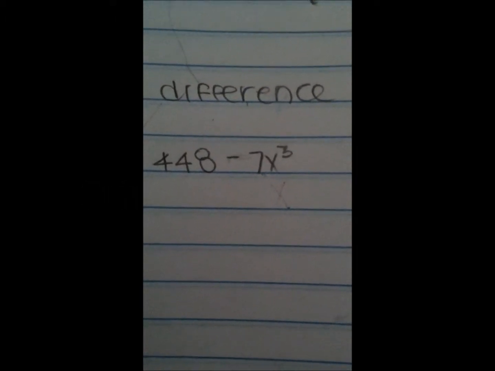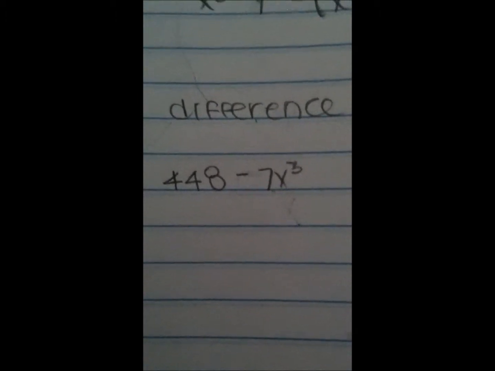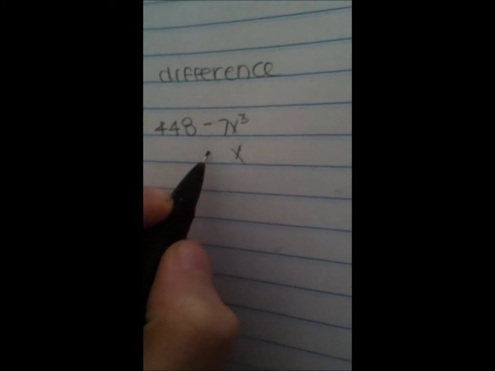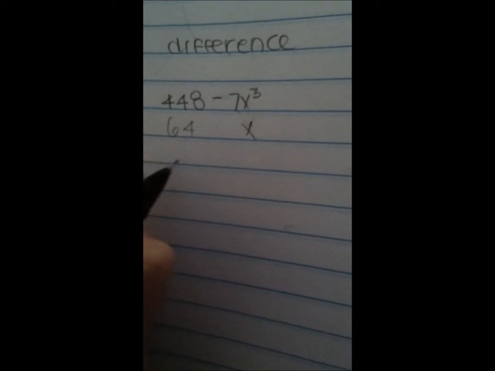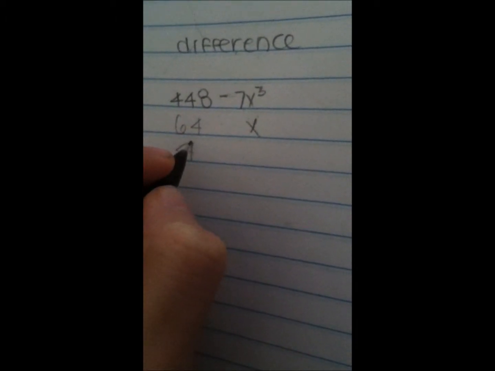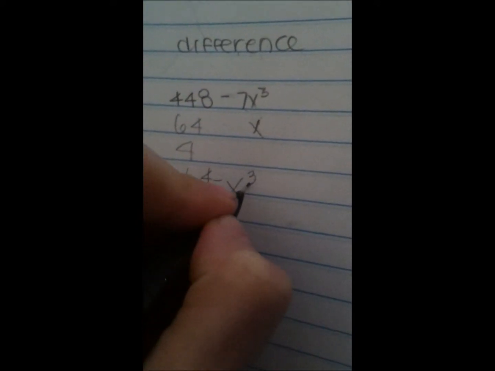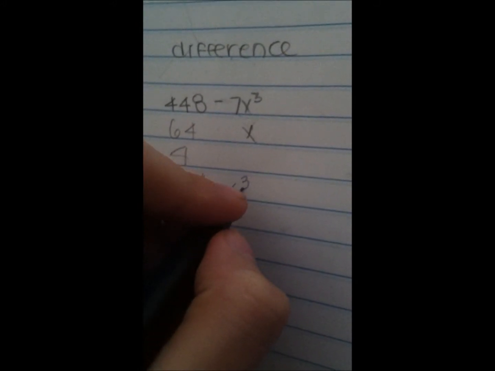I'm going to do the difference and sum of cubes, and this is how I'm going to solve it. I know that the cube root of x cubed is x, and I know if I divide 448 by 7, I'm going to get 64. Now the cube root of 64 is 4. So 64 minus x cubed is the difference of cubes.